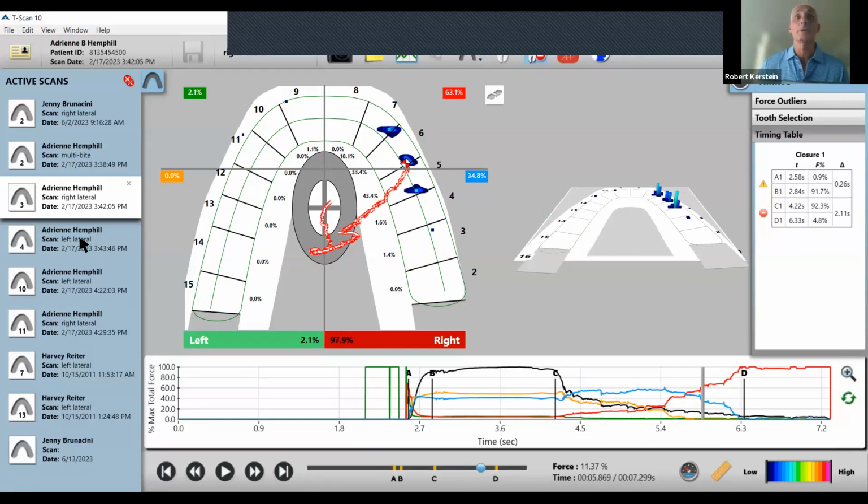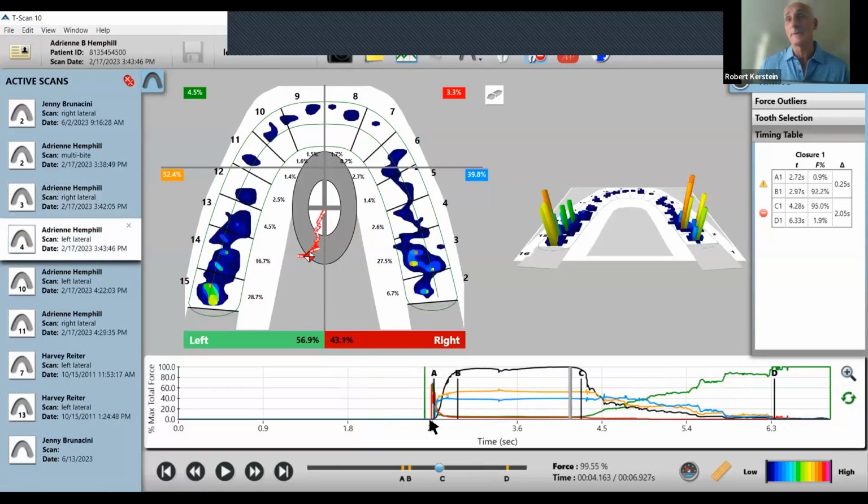The left excursion, the same. She's able to bite down. She struggles a little to hold her teeth together, but when she goes into her excursion, there's again excursive friction. And again, the balancing side in this case is the blue quadrant, and the working side is the orange quadrant. Both are active as she moves to the side. And her disclusion time is very long.